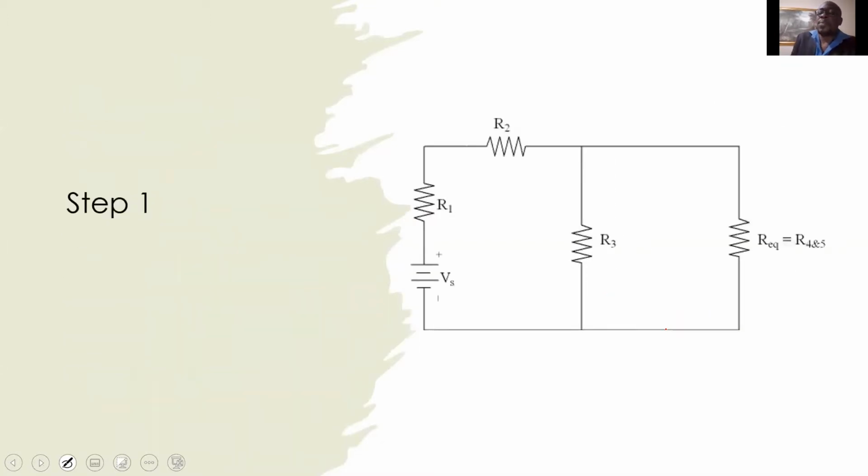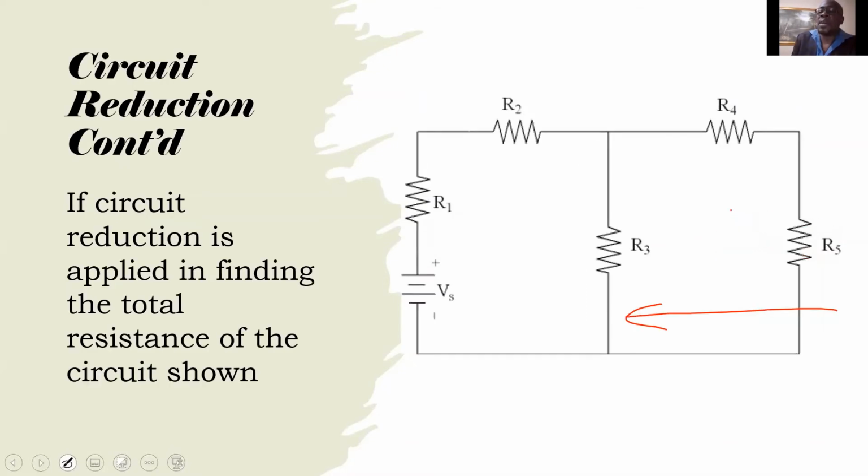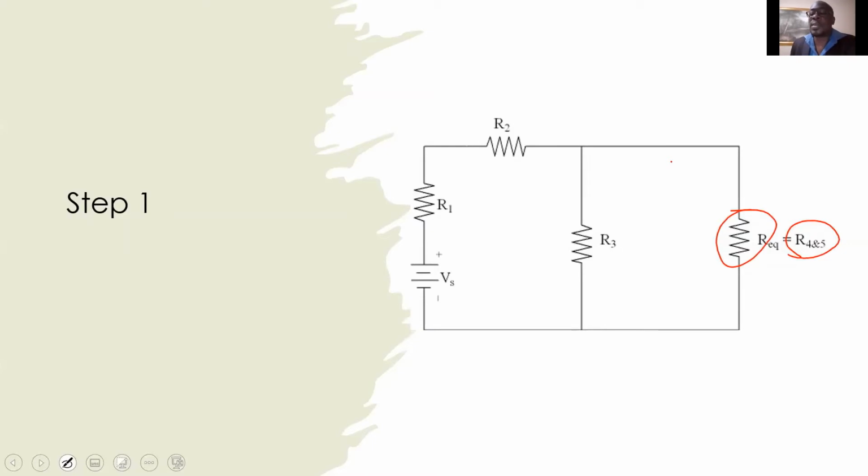The first step would be to reduce resistors R4 and R5 to form an equivalent resistance. So R4 and R5, which are in series, will be reduced to form an equivalent resistor.